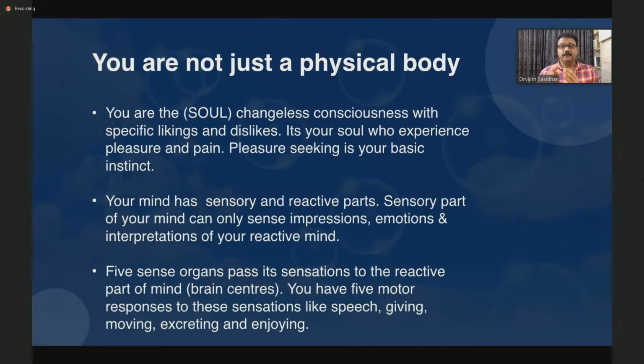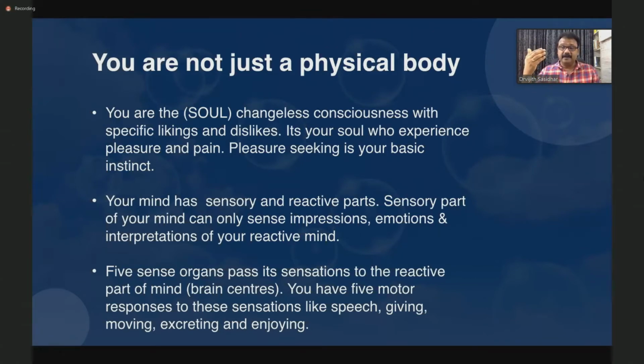These are the five motor organs. So we have five tools to sense what is happening around us. And then your mind creates impressions received from the senses, and it produces emotions and interpretations around these sensations.